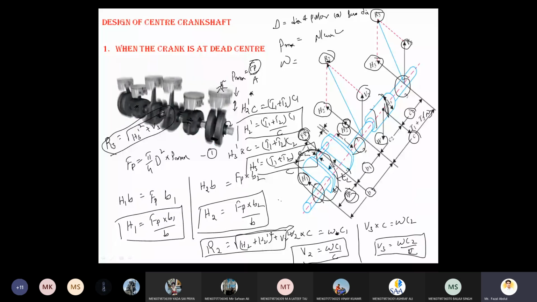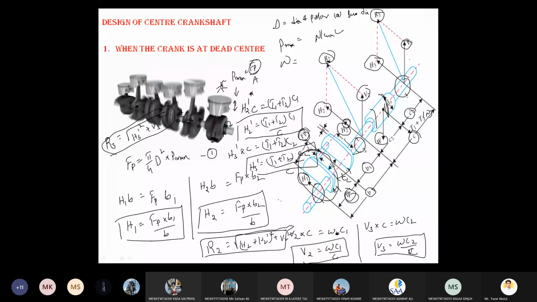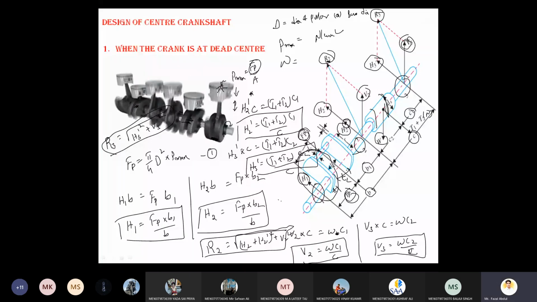What are V2 and V3? Because of the flywheel, the vertical reaction V3 into C1. This is the C1.